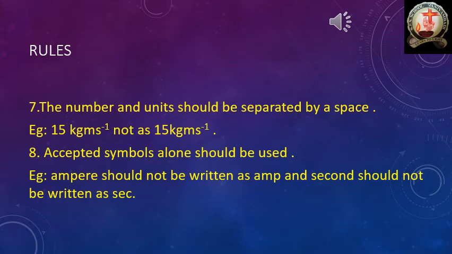In between the number 15 and the units kg m s power minus 1, a space is given. So we have to write like this, not as 15 kg m s minus 1. Always we have to give a space in between the number and units.